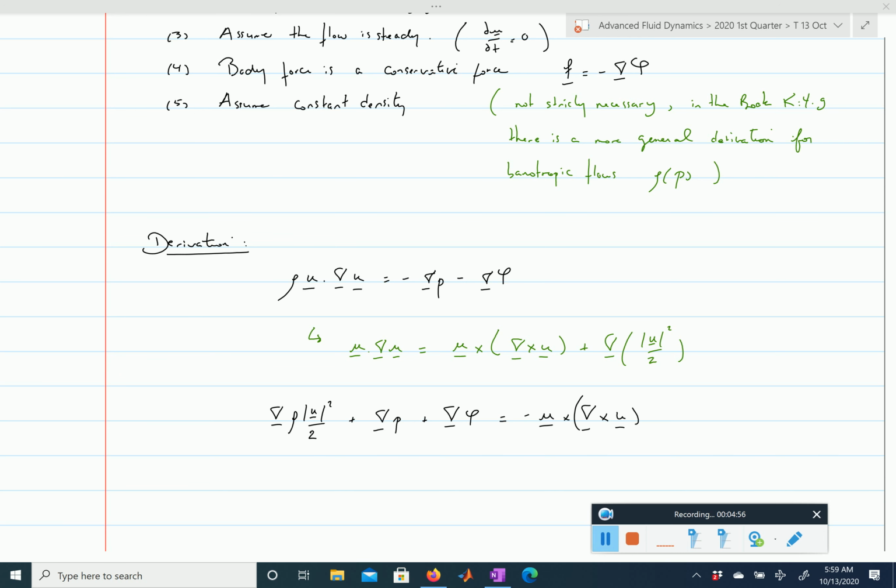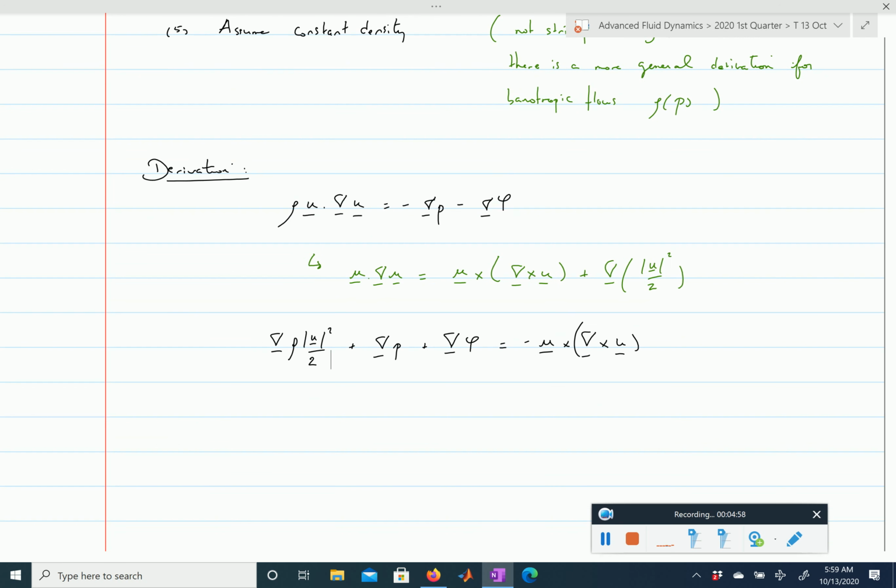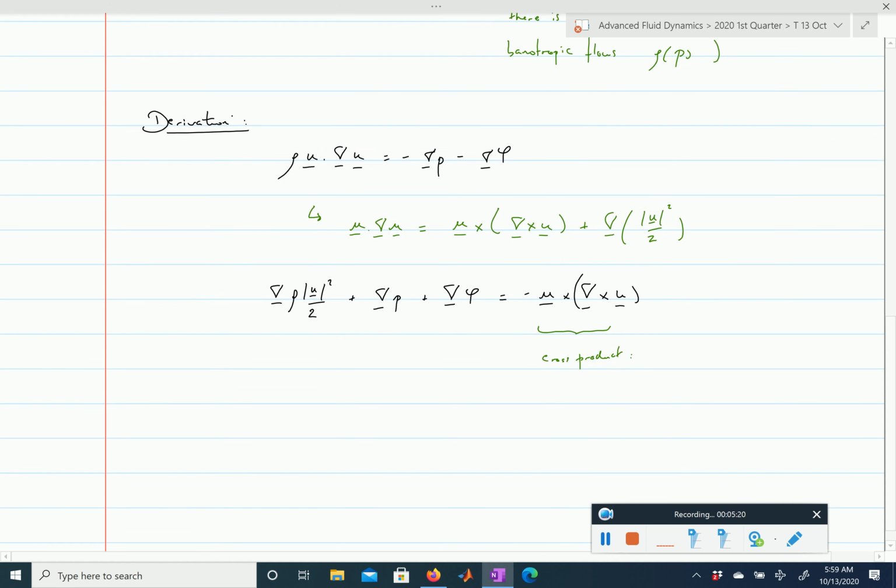And note that this vector here is the cross product between the velocity vector and another vector, in that case the curl, but that doesn't really matter so much. You know that when you're taking a vector cross another vector, this vector here is normal to the vector u.